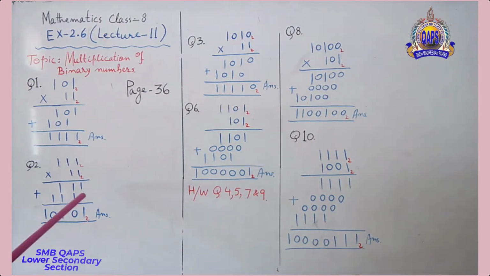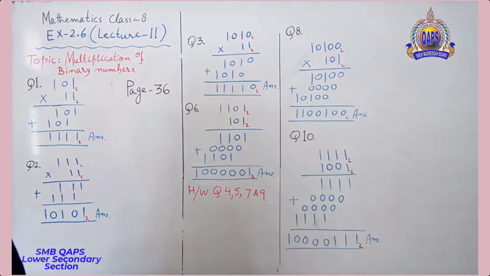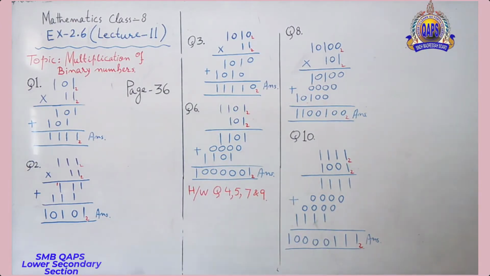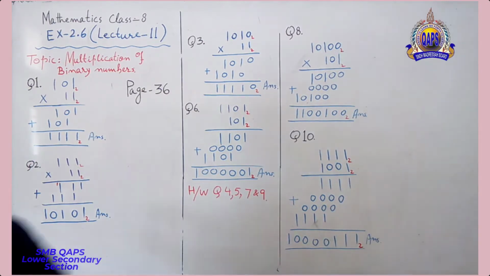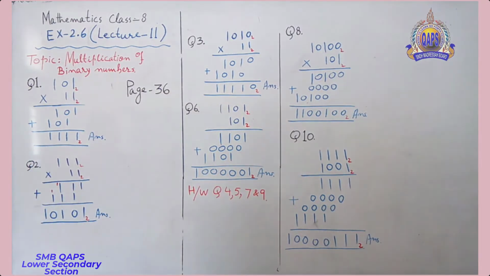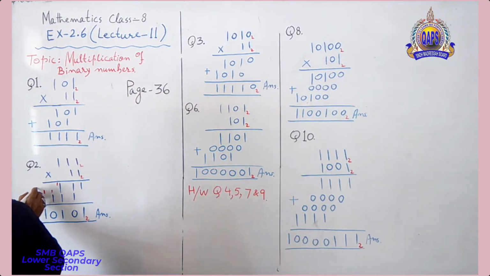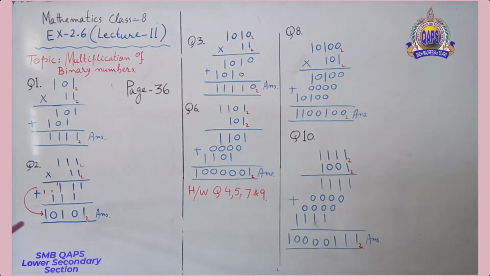Add them. 1 plus 1, 0, carry 1. Now 1 plus 1 plus 1, carry 1. 1 plus 1, 0, carry 1. It comes over here. So the answer will be 10101 base power 2.